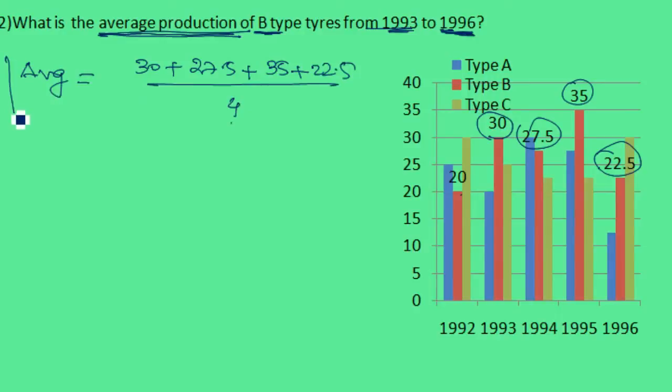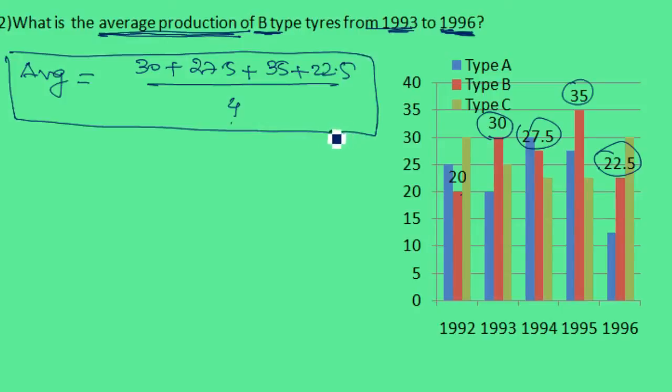This is the general method, but please mind it, we are not going to use this. We will calculate in our mind only and write as little as possible. So 30 can be written as 30, 27.5 as 20 plus 7.5, 35 as 30 plus 5, and 22.5 as 20 plus 2.5.